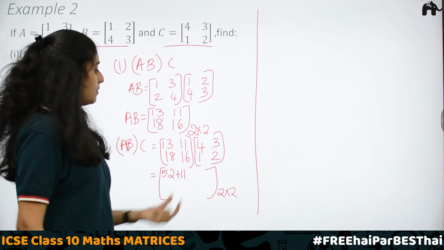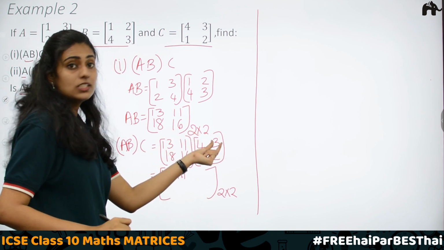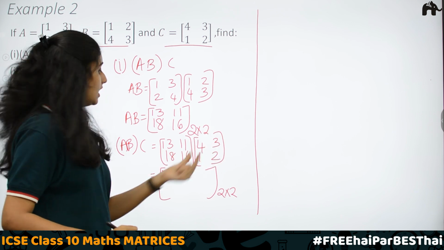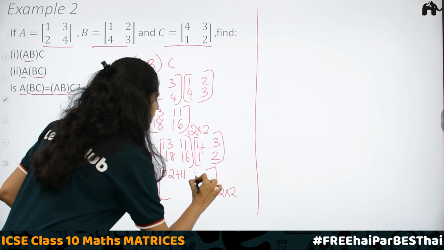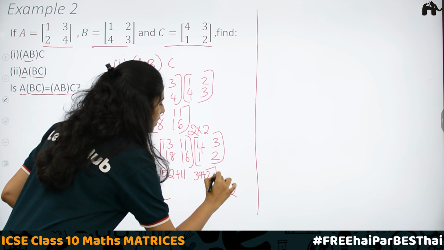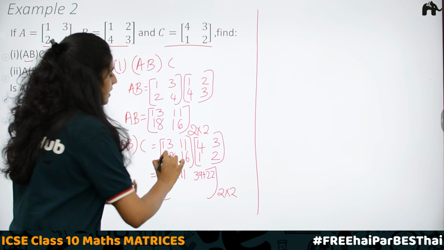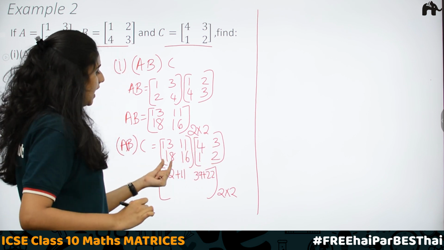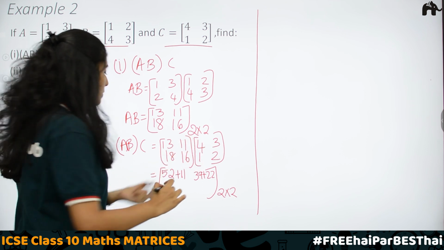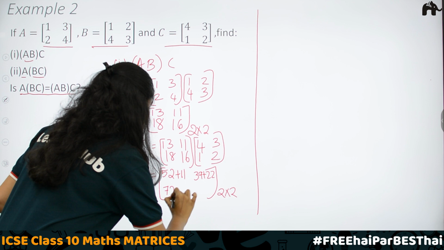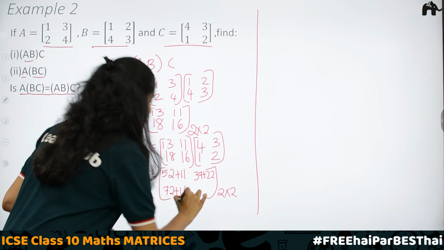To get the second element, considering first row, second column. 13 into 3. 13 into 3 is 39. 39, 11 into 2, 22. 39 plus 22. Next element, we have to take second row, first column. 18 into 4. What is 18 into 4? We will be getting 72 plus 16 into 1, 16.